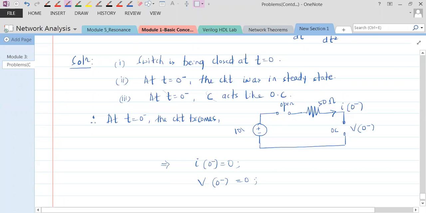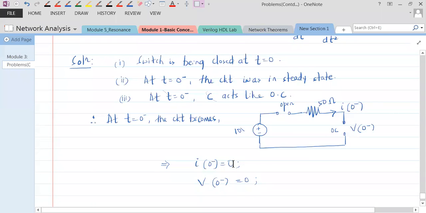Now the question: this I of 0 minus is 0. So seeing this, can you say I of 0 plus is also 0? That is what you should think about now. I of 0 minus is 0. Does that mean that I of 0 plus is also 0?